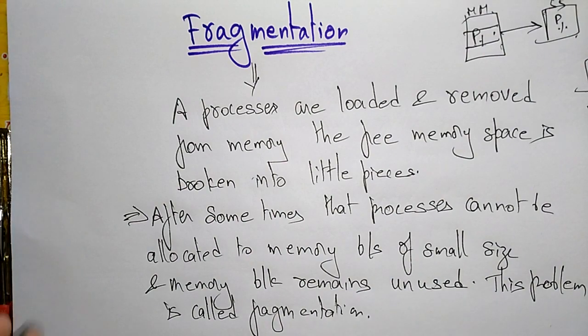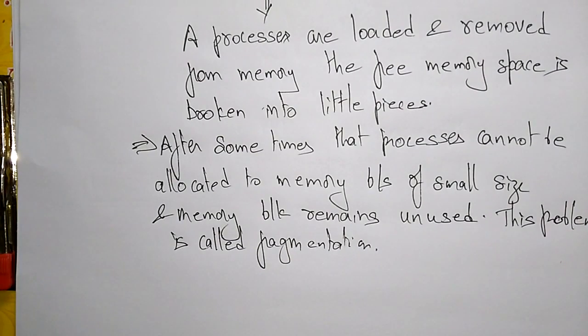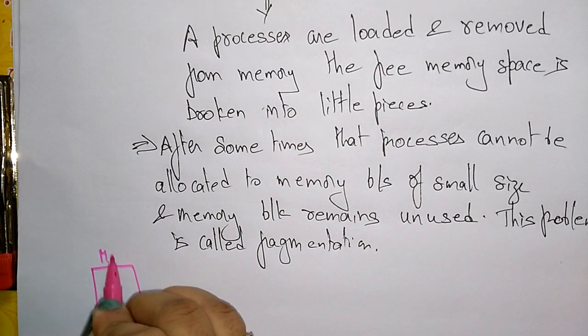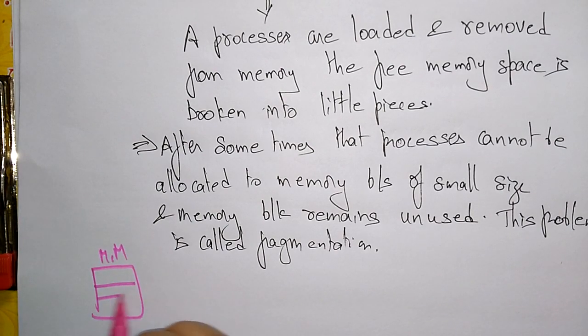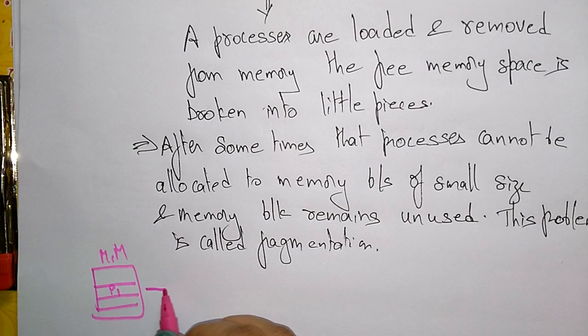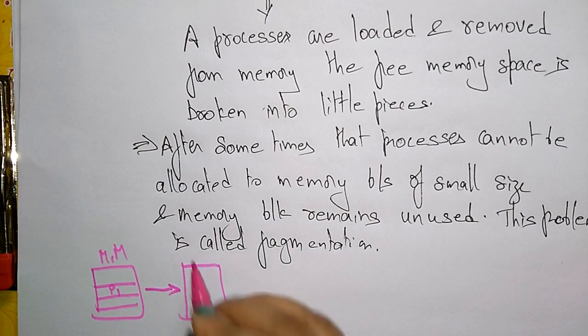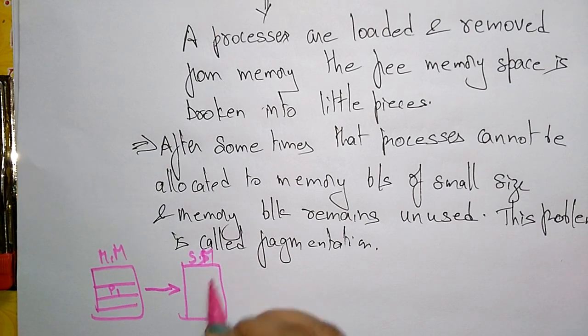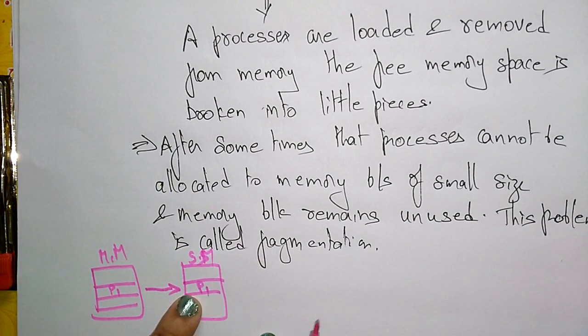Let me explain clearly with a simple example. Suppose this is a main memory holding the process P1. Processes are loaded in main memory, removed from main memory and stored into secondary memory. After storing in the secondary memory, this is stage 1.